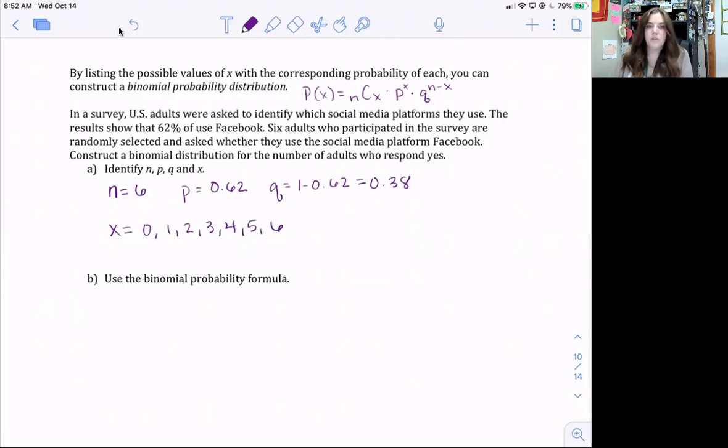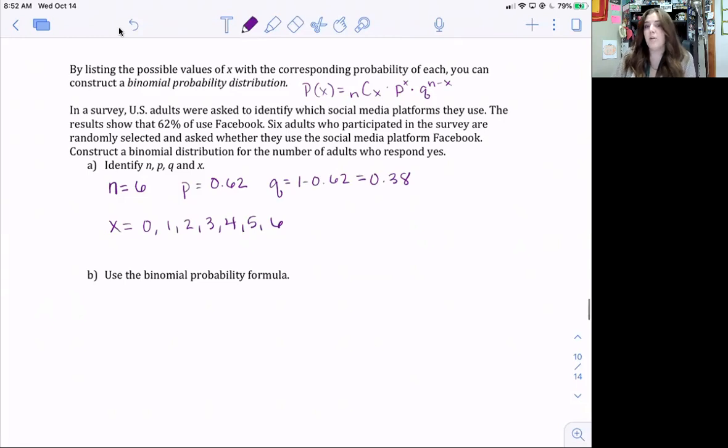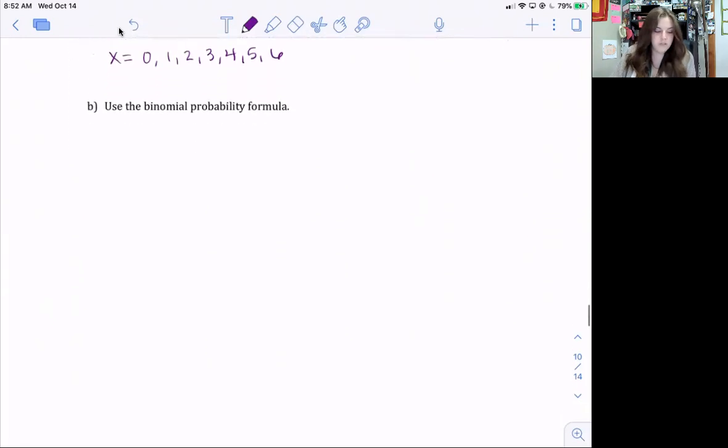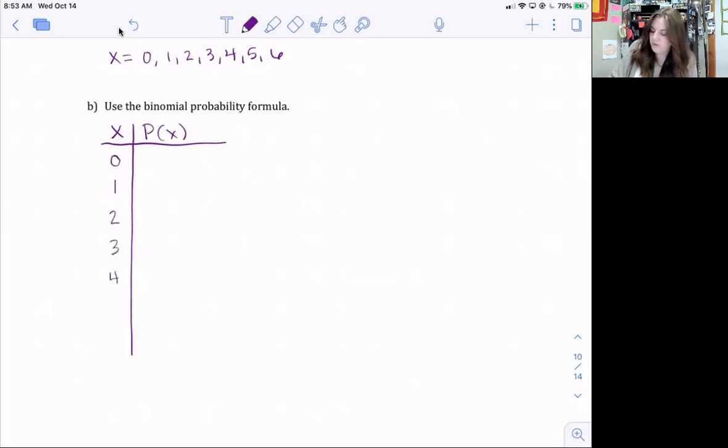Okay. So now we're going to make a probability distribution using the binomial probability formula. So we're going to make our table, X and P of X. Our X values 0, 1, 2, 3, 4, 5, and 6. And then we're going to plug into our formula.